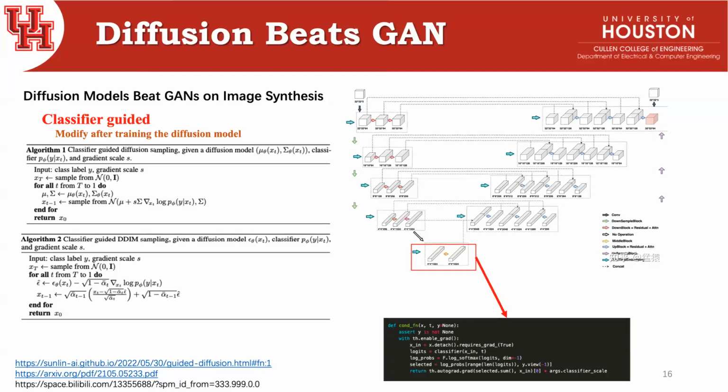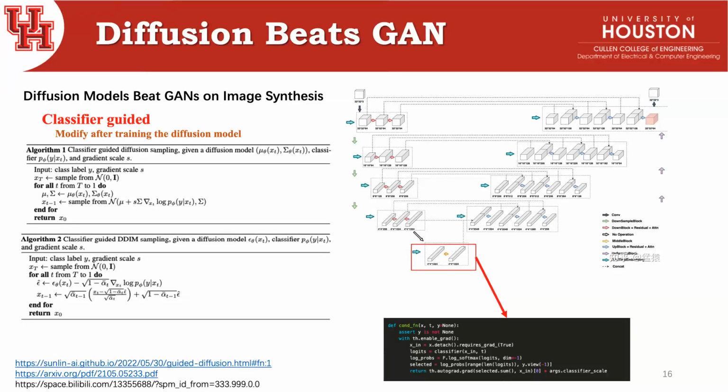Okay, what they do is, when they do the sampling, like when they do the reverse process, they will add it like this formulation. They will add the gradient of the classifier into the sampling, and they will guide it: okay, when I need to generate a dog, I will put this dog's gradient into this sampling process, and then the model will gradually generate a dog.